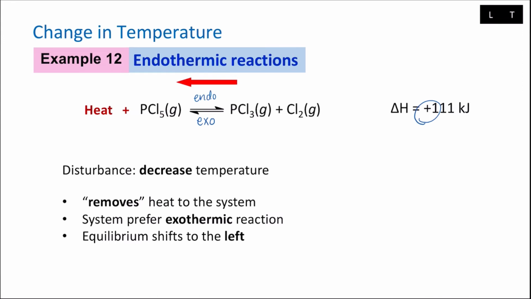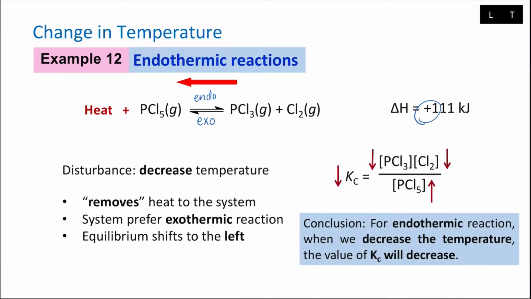Dan apabila kita compare dari segi Kc, once equilibrium sudah shift to the left, so production of your reactant akan bertambah tapi your product akan berkurang. Hence, Kc value awak akan berkurang. So untuk conclusion kita dalam case ini, endothermic reaction, when we decrease the temperature, Kc juga akan berkurang.